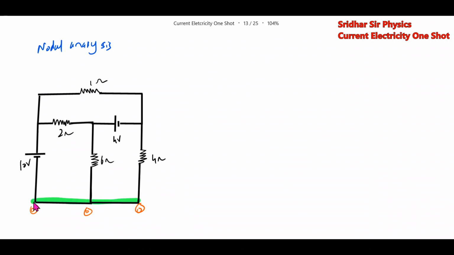There's one common wire, so 0 potential. This one will be 10 volt. This will be 4 plus x, and this will be x. Because what should the potential difference here be? It should be 4 volt, no? 4 plus x minus x will be 4.